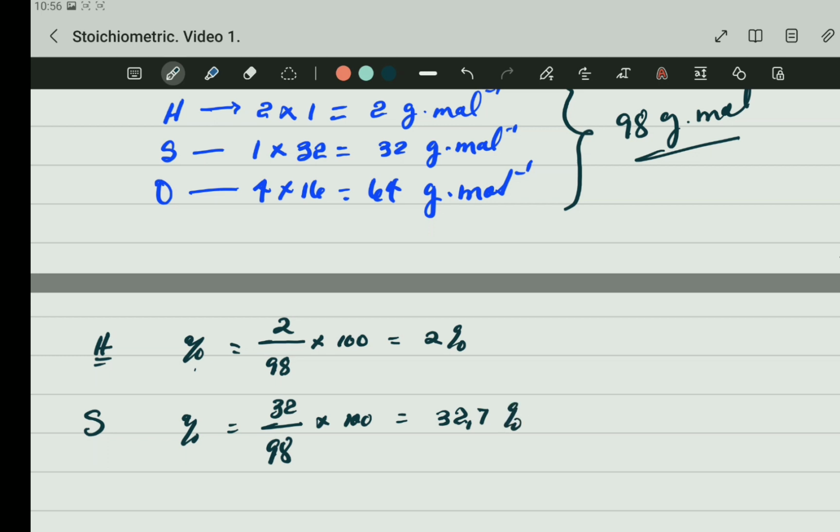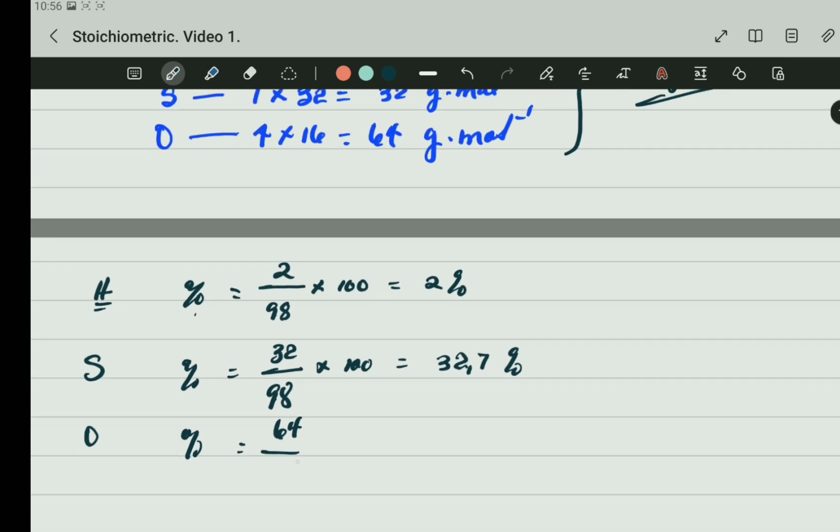32.7%. And we go to oxygen, and for oxygen the percentage is equal to 64, you can see it there on top, divided by 98 multiplied by 100, and this one will be 65.3%.